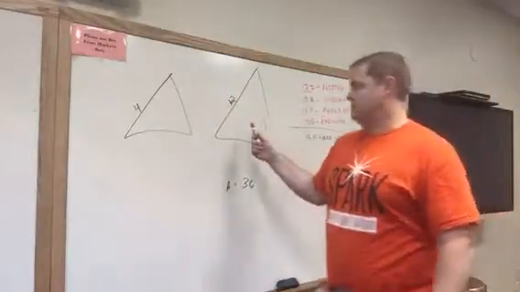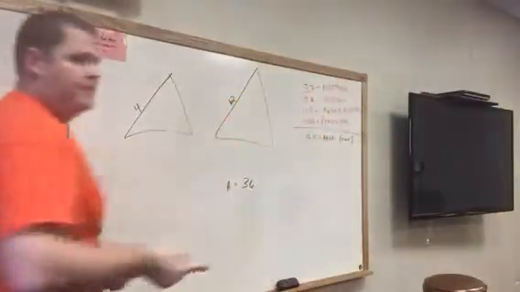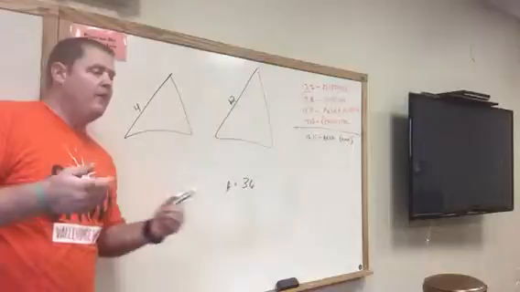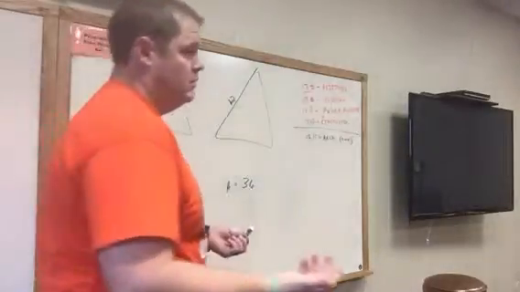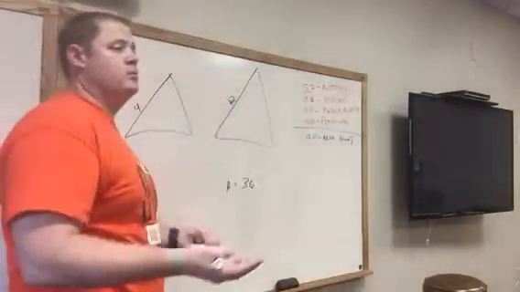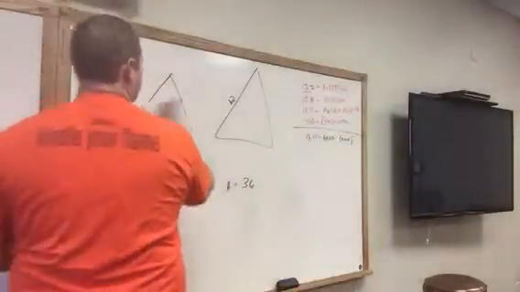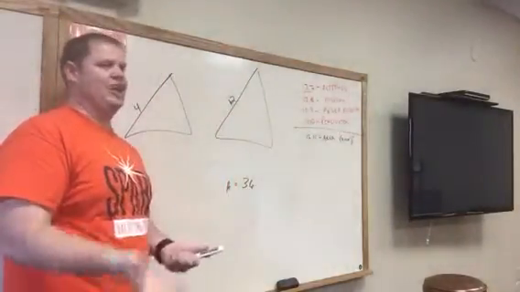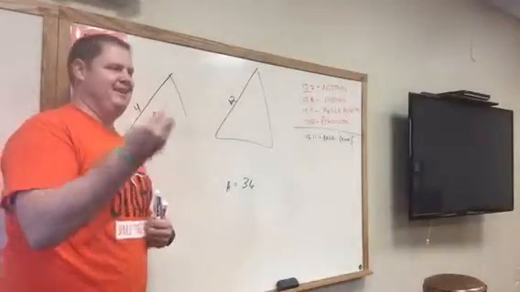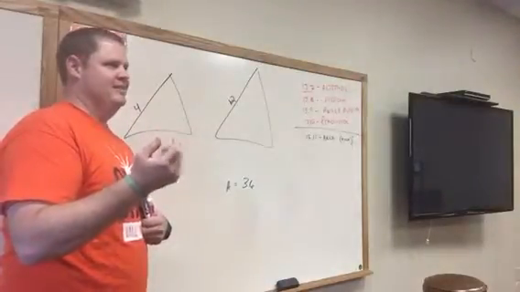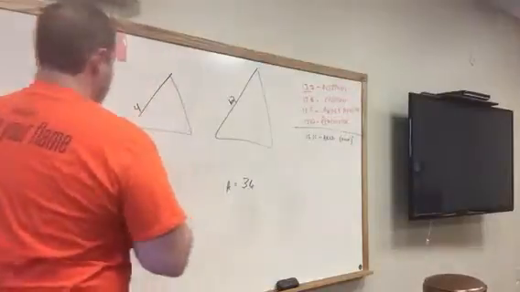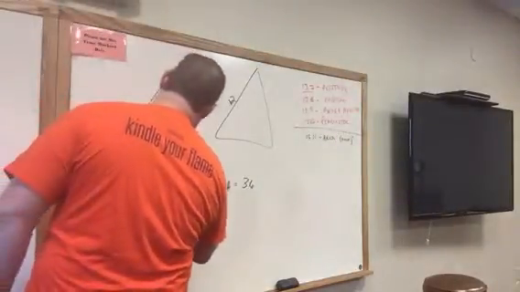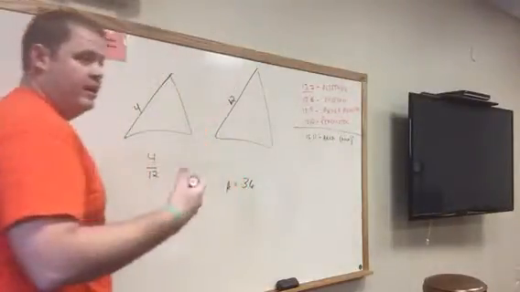What's my proportion? How would I solve this, guys? What's my proportion? Somebody help me out. What are the proportions over my legs? Okay, let's try talking with me. Come on now. 3. Okay, so 4 over 12. Good, which is 1/3 or 3.